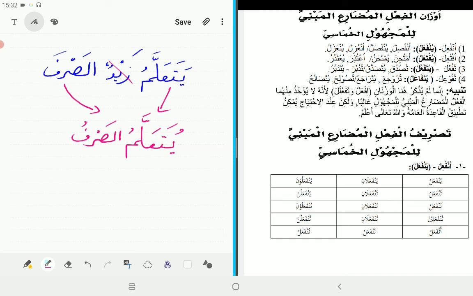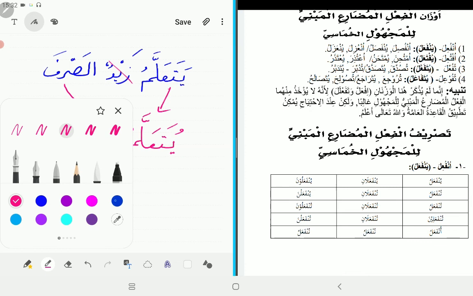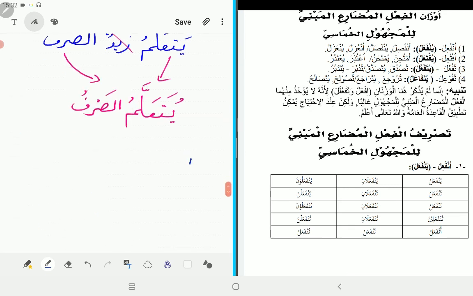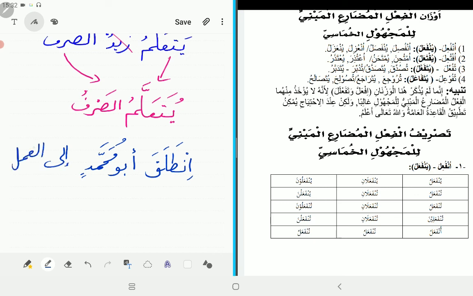I'll say, for the scale of infa'ala, if I had the verb intalaqa, انطلق means to depart. انطلق أبو محمد إلى العمل. Abu Muhammad departed to work.